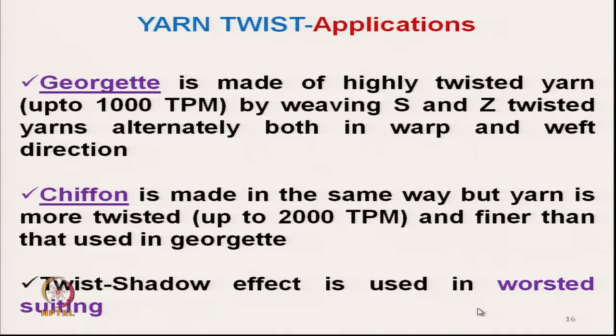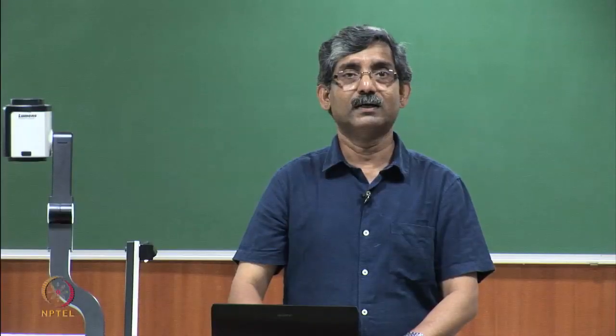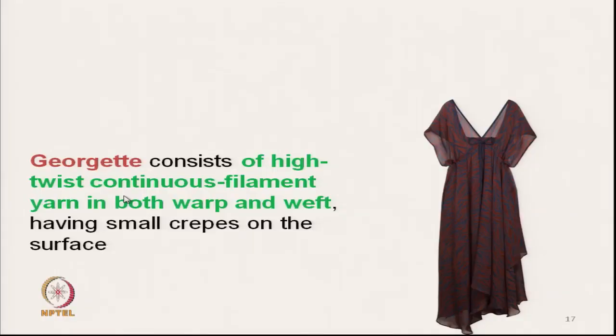Now, coming to georgette and chiffon, if we see here, this is georgette fabric. It consists of high twist continuous yarn in both warp and weft, having a small crepe type of structure on the surface.